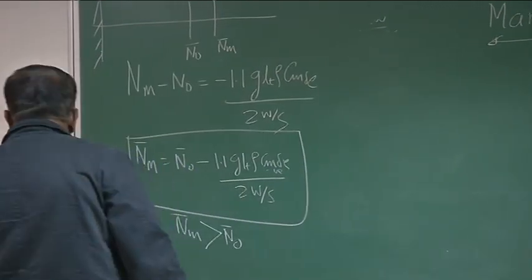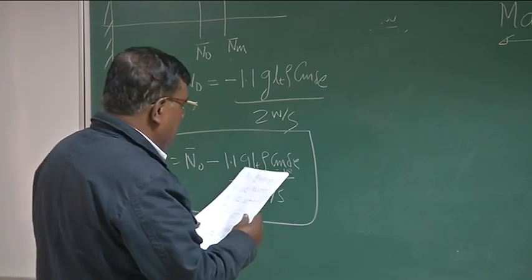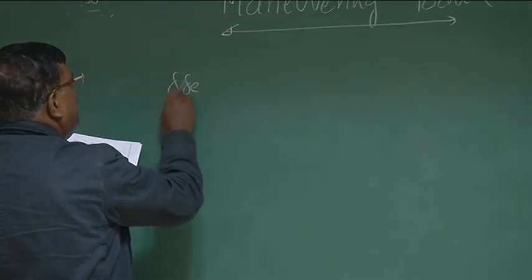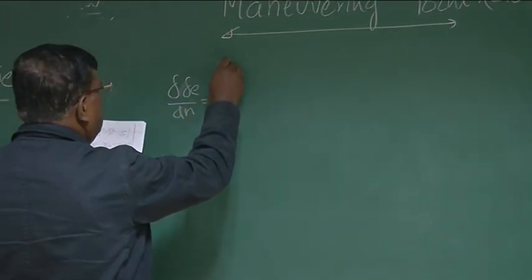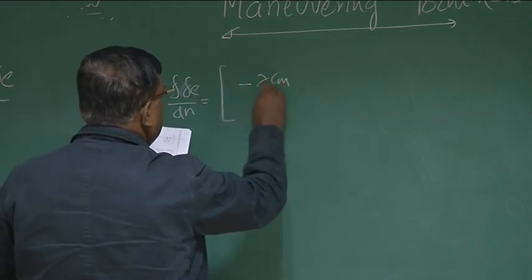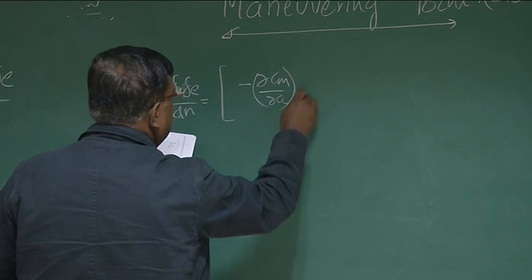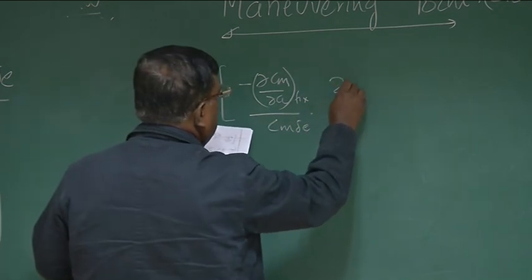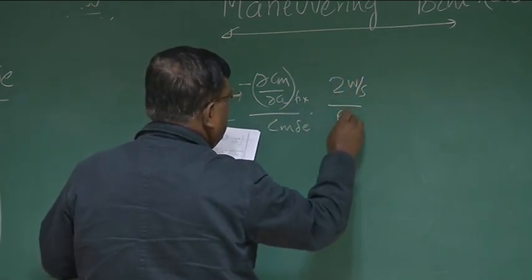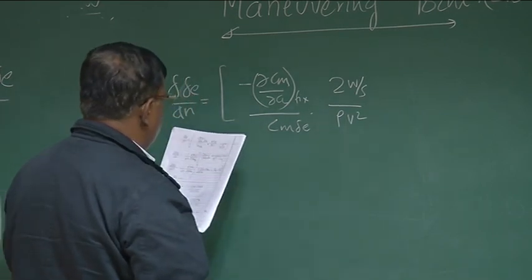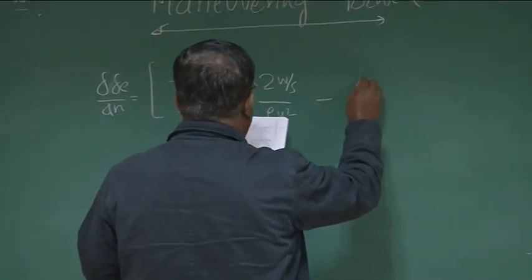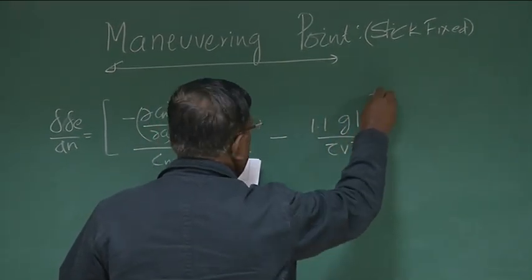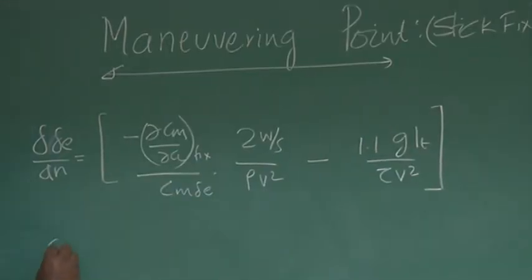Okay. So let us do a little bit more algebraic manipulation. It may help us to give some insight. We started with d delta E by dn equal to minus dCm by dCl fix by Cm delta E into 2 W by S rho V square minus 1.1 g lt by tau V square. This again I can write a little differently.